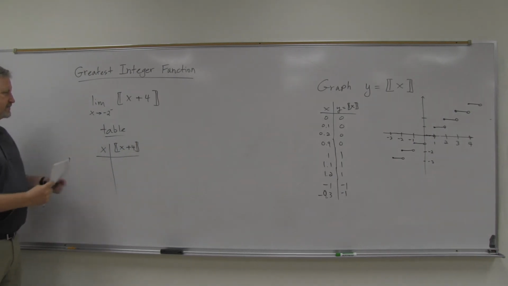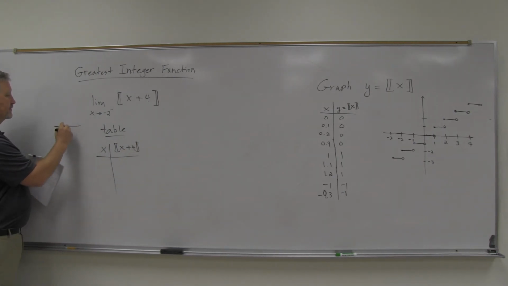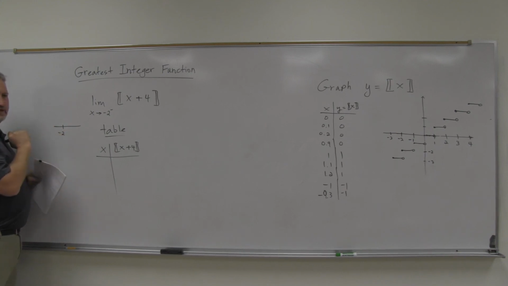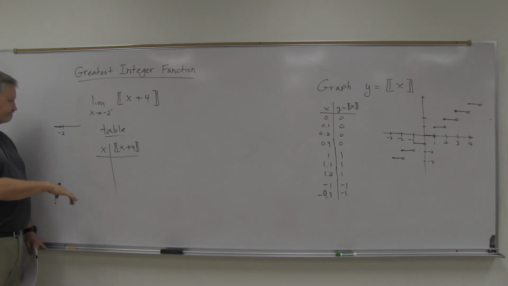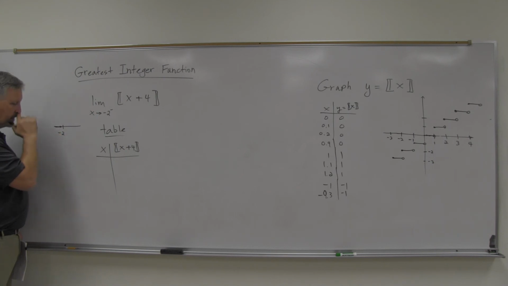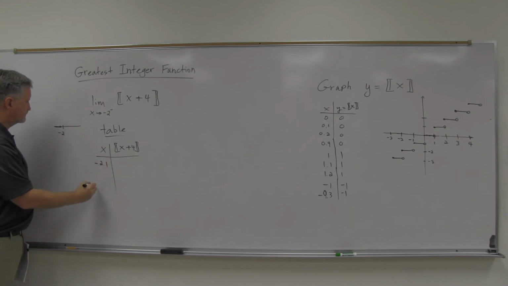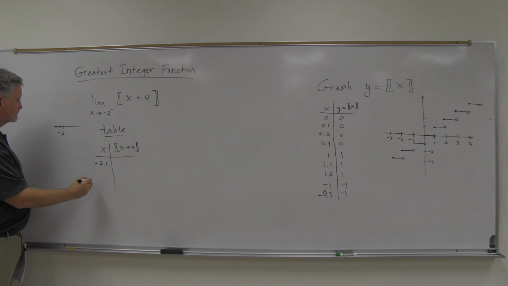So I want to approach -2 from the left. Here's -2 on the number line. So what values, if I did a table, would I be looking at? -2.1, -2.01, -2.001.